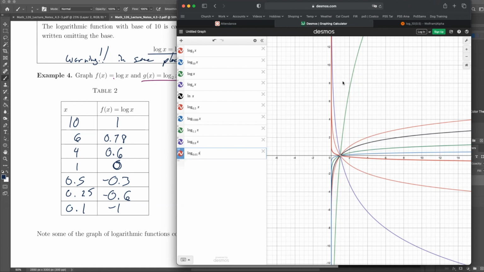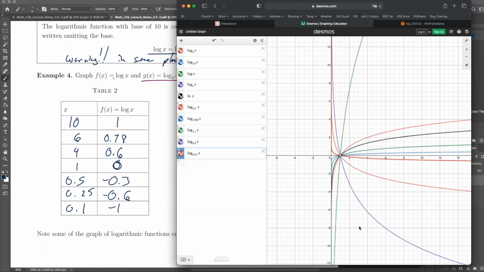And so here, for bases greater than 1, the logs will slowly bend in this way up to infinity, right? And then when the base is less than 1, here we have something really close to 0, and so they'll slowly bend. So here we'll have them from less than 1.